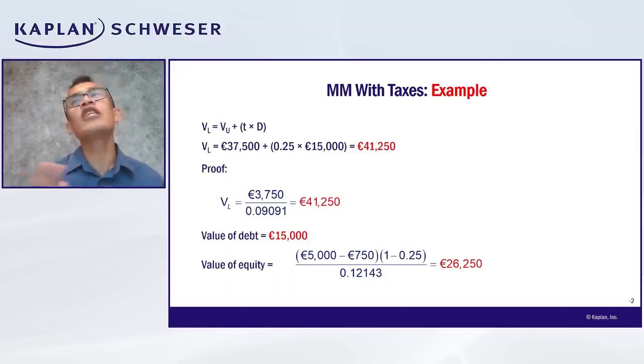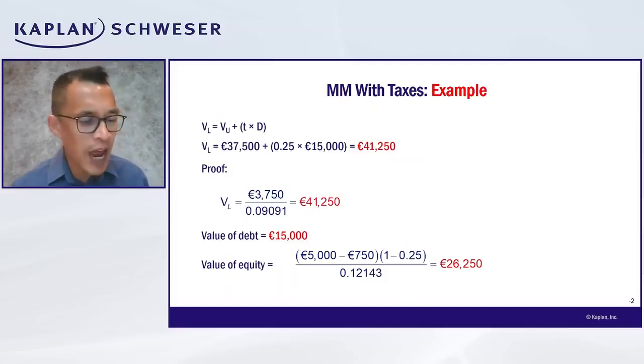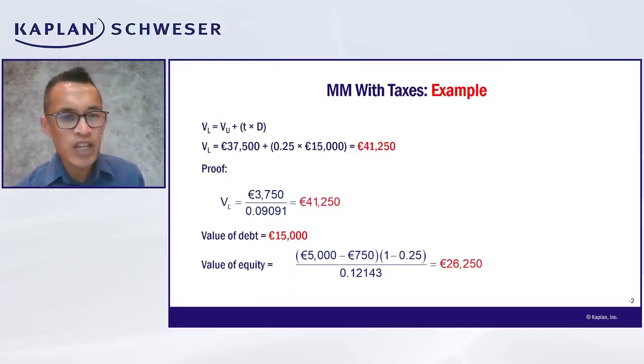$26,250. Now, additionally, from an equity perspective, the starting point is the $37.50 total after-tax cash flows, and then we subtract out $37.50 paid as interest, and then we add back $750 times 0.25 or 187.50.